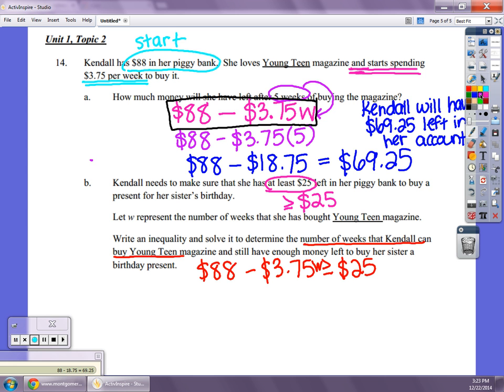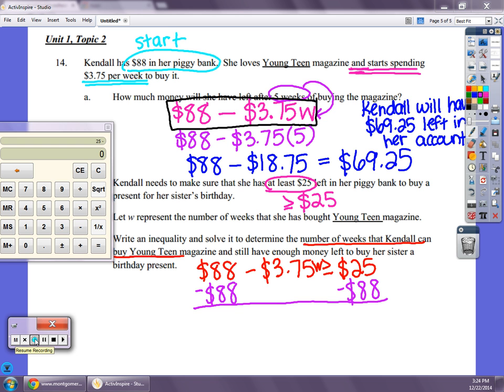I have a two-step inequality. The first thing I'm going to do here is get rid of my constant, $88, using the subtraction property of equality. I'm going to subtract 88 from both sides. And I'm going to cheat here and use my calculator again.